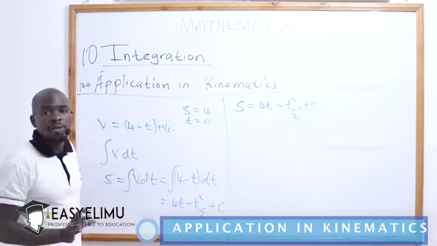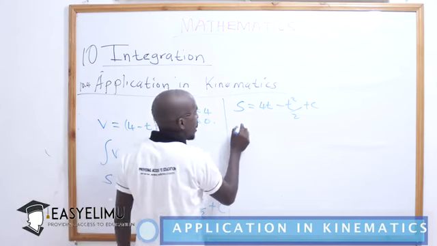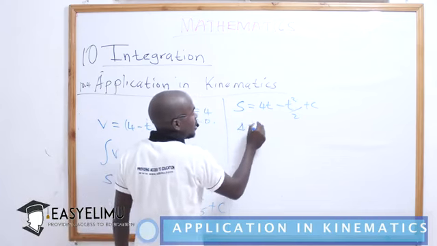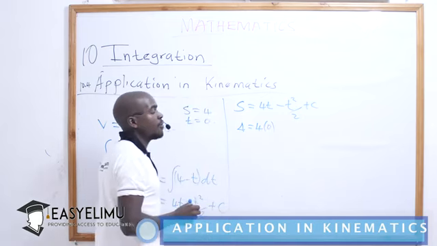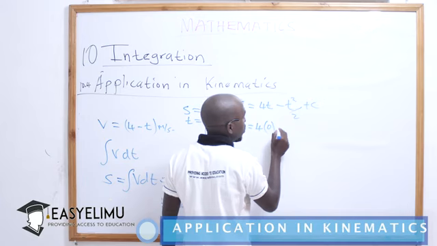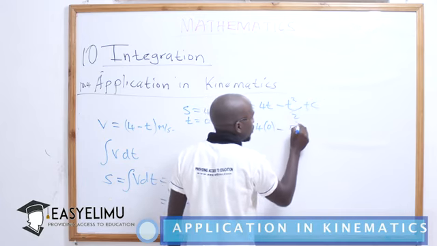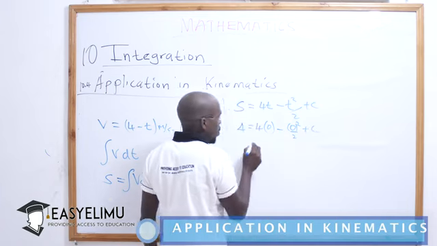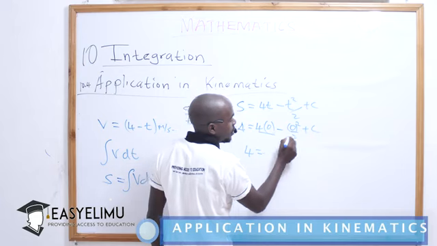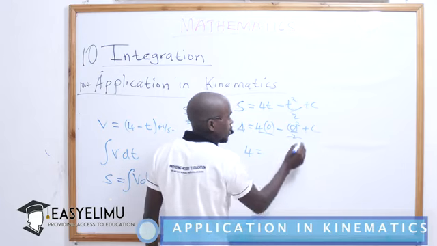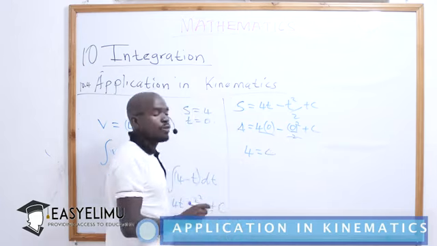In that displacement equation, s is 4 and t is 0. So anywhere we have t, we replace it with 0, and here also 0 squared over 2 plus c. So this one will give 0, this one is 0. So the value of c is equal to 4.